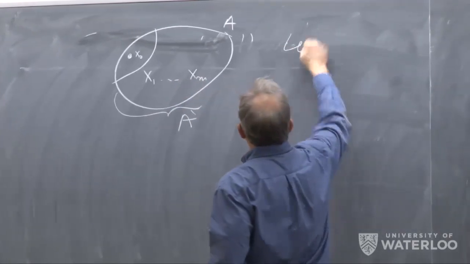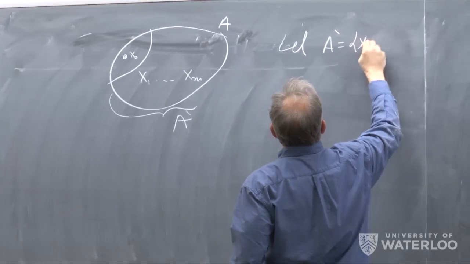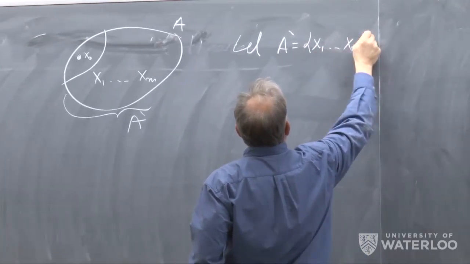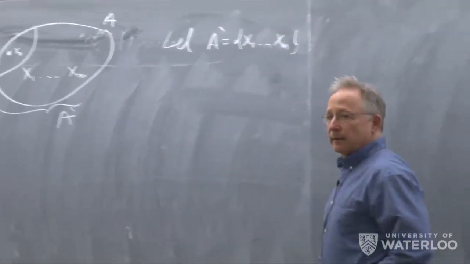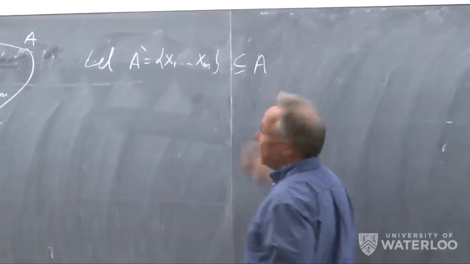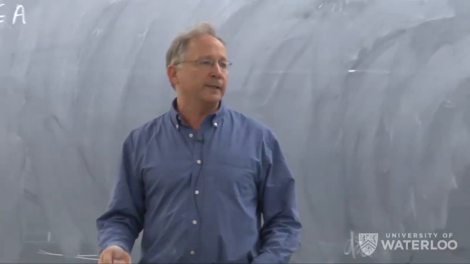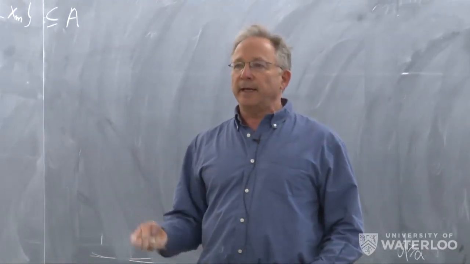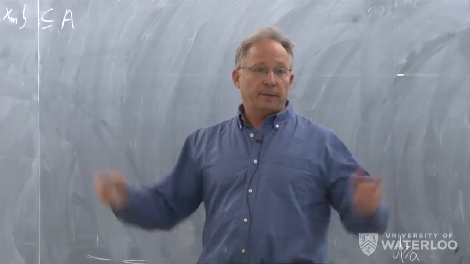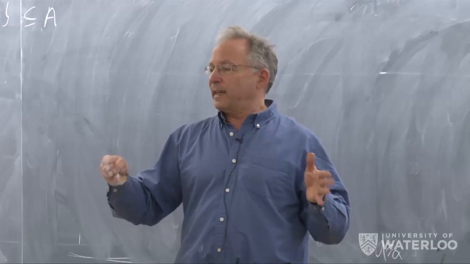So let A prime be just x1 to xm. It's a subset of A. Why do I do it? Because I want to use the induction hypothesis. And the induction hypothesis I can apply to sets of size m. So I take my set of size m plus 1, and I only consider a subset of size m.